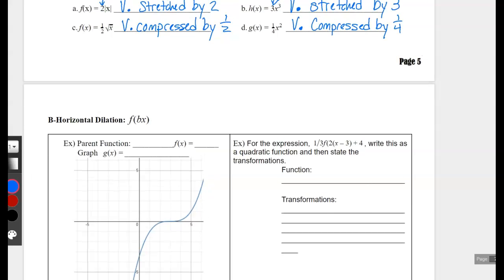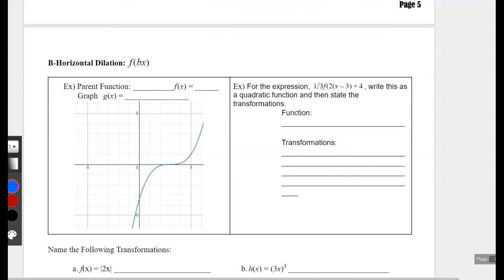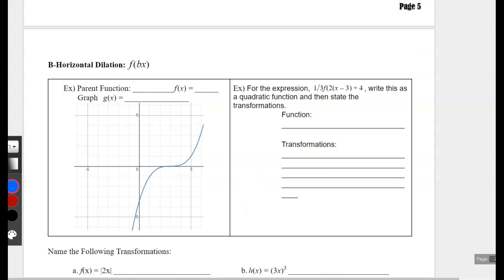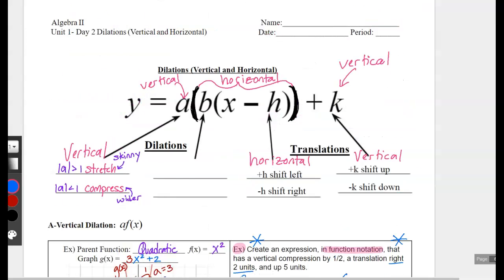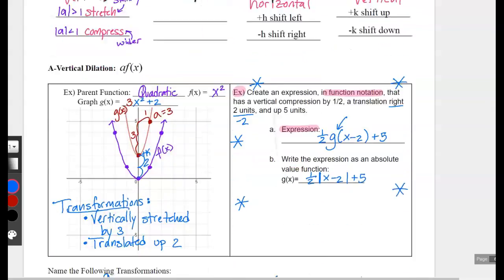Okay. So now, before we're done with notes, and before I give you your homework, which is actually a quiz today, we're going to look at B. Now, we're not going to go too in-depth with B. We're not going to do too much with B. But we do need to take a look at it. So back up here at the top of page 5.